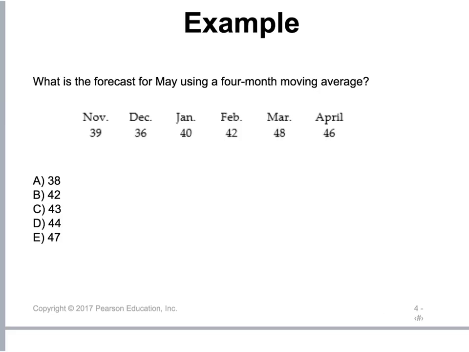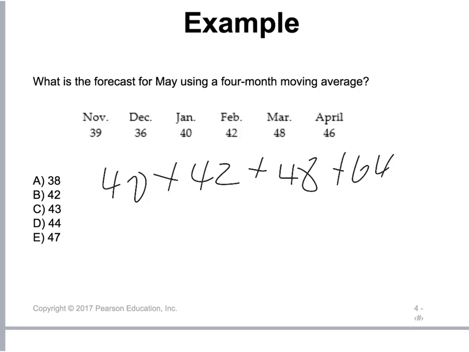Here's another example. What is the forecast for May using a 4-month average? Then it would be 40 plus 42 plus 48 plus 46 divided by 4 to get the forecast.